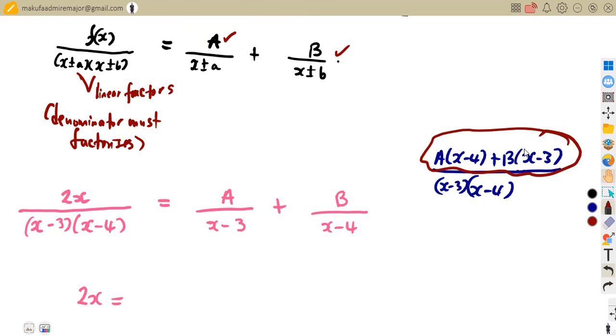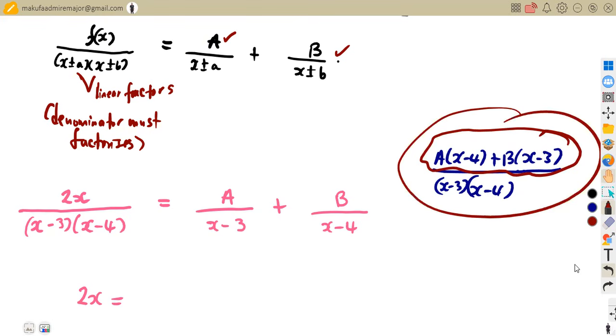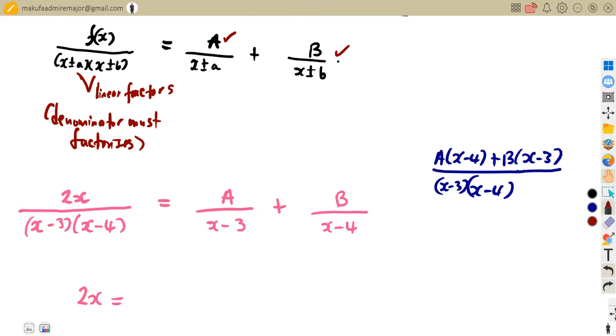Instead of adding this part back to obtain a single fraction, you use the idea that you have here. If you take A, this is the same LCM that we have here. You simply divide the x minus 3 and the x minus 3, and you remain with x minus 4.